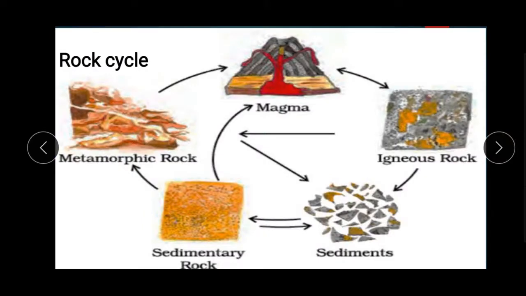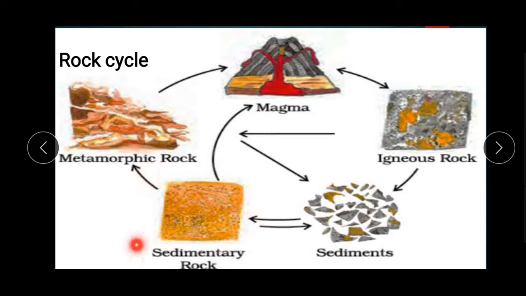Look at this picture. First, this molten magma cools down and forms igneous rock. After this, the igneous rock breaks down and forms sediments. These sediments are washed away or transported to another place by wind or other activities.